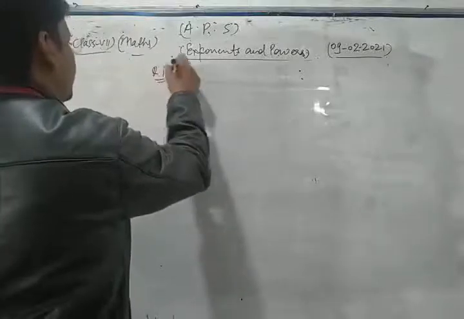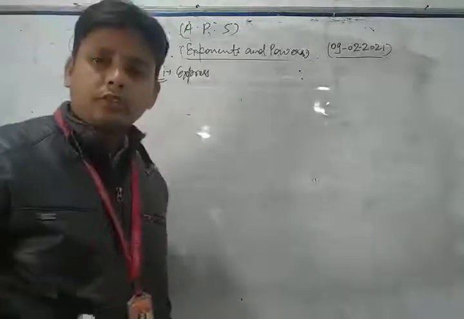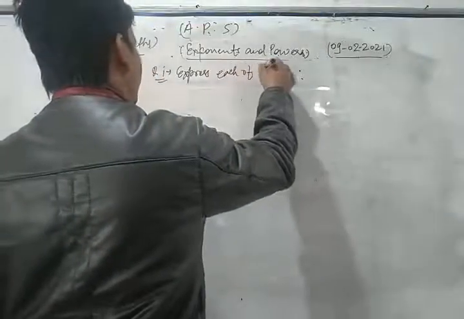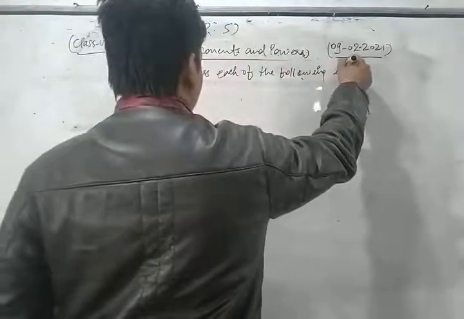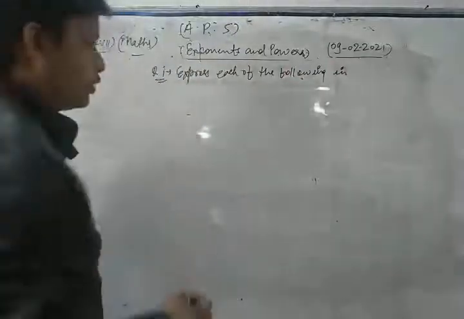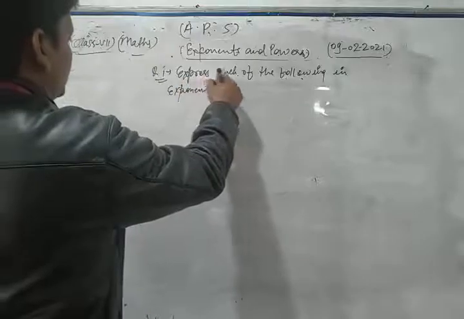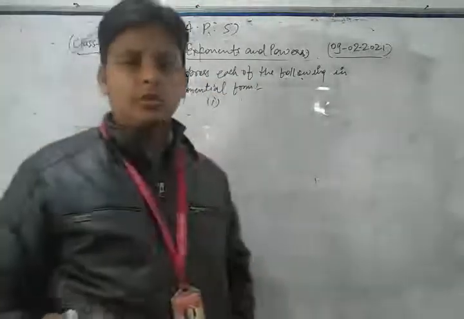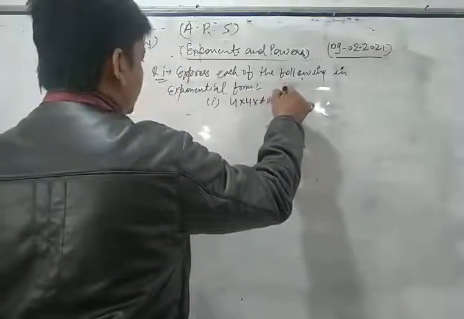Now the question is, first we take the first part of this question: express each of the following in exponential form. Okay, dear students, the first part of this question is what? Let's see. 4 into 4 into 3 into 3 into 3.